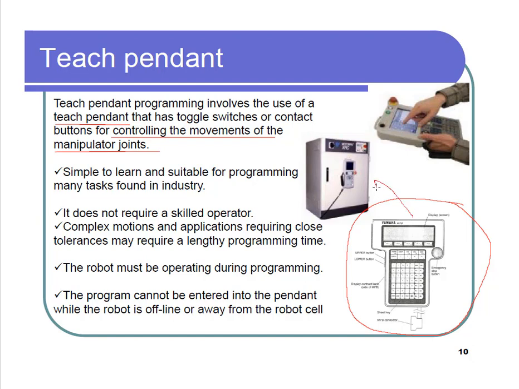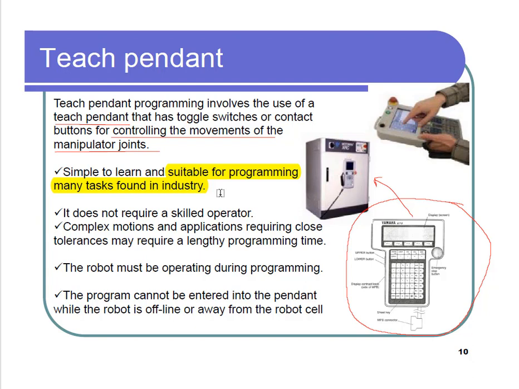It is simple to learn and suitable for programming many tasks found in the industry. Yes, we usually use a teach pendant to control the robot, because it is easier. Instead of using a separate computer, we use a teach pendant, which is connected directly to the robot controller.